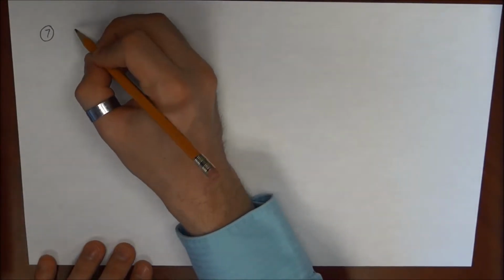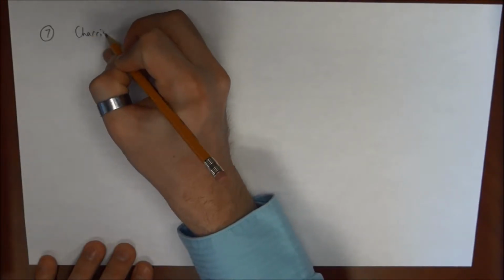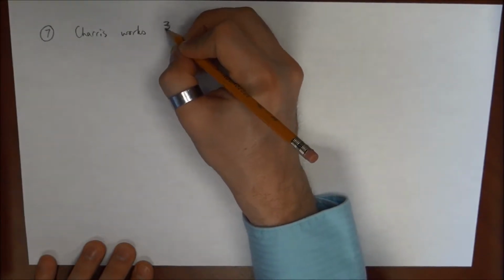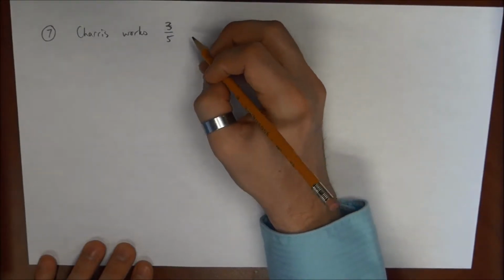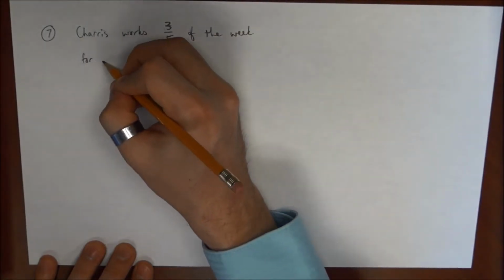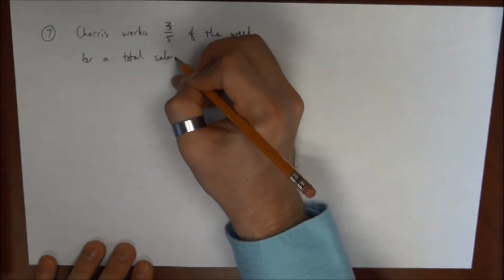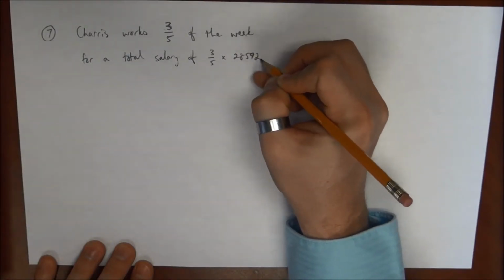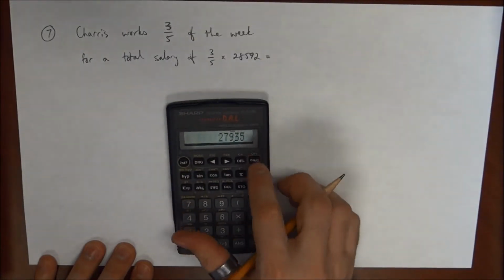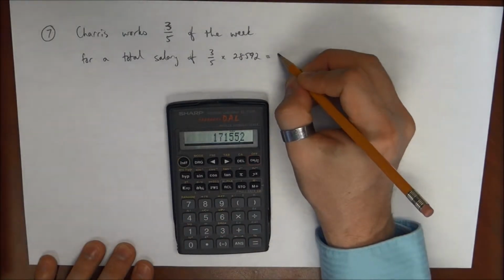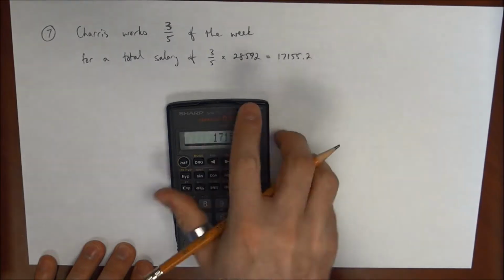So, number 7. If I look at a 5-day work week, I could easily say that Charis works 3 out of the 5 days, so 3/5 of the week, for a total salary of 3/5 of 28,592, which equals 3/5 times 28592, 17155.2.